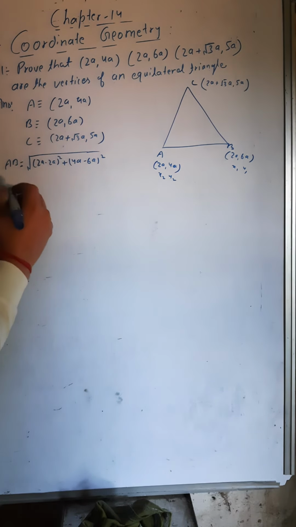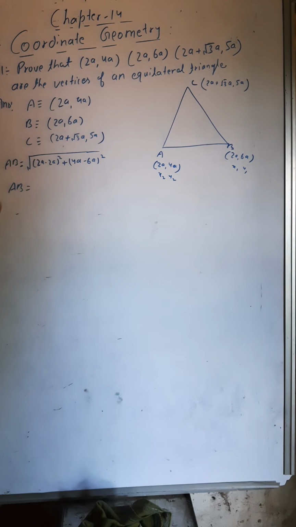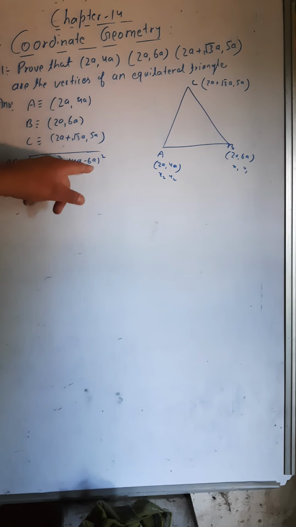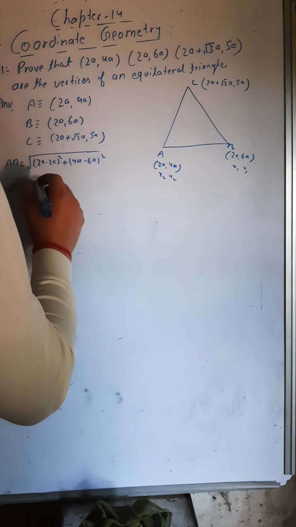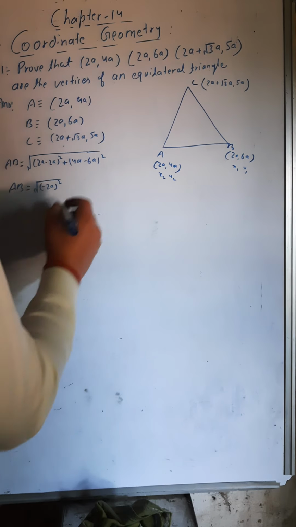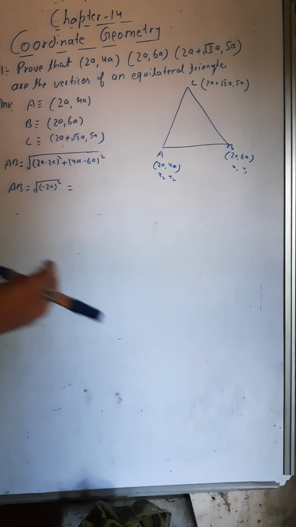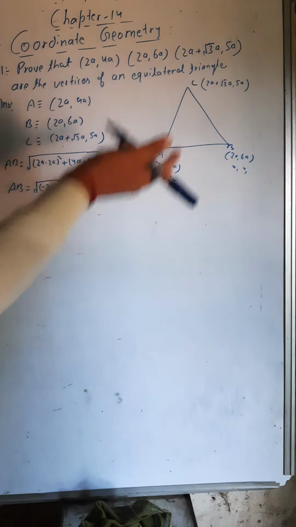Getting this? So from here you can find AB equals: 2a minus 2a will be 0 and 4a minus 6a is minus 2a. So you can write it as (minus 2a) square. The square of a negative is positive, you must be knowing the square of negative 1 is positive 1.